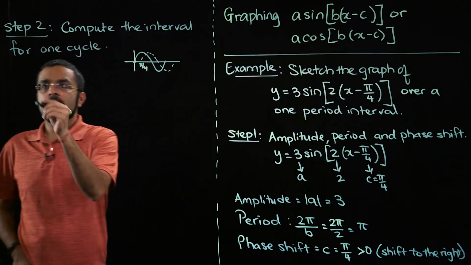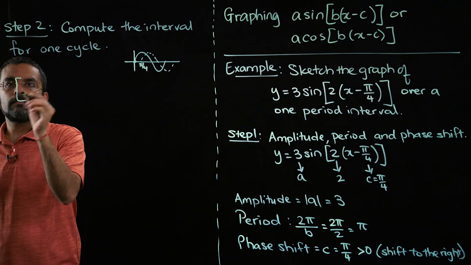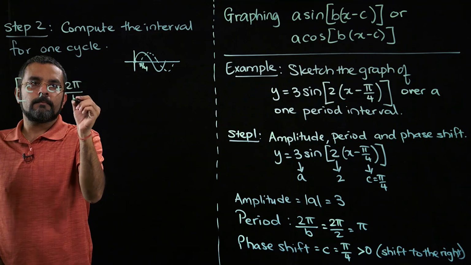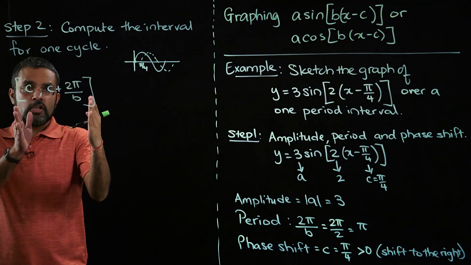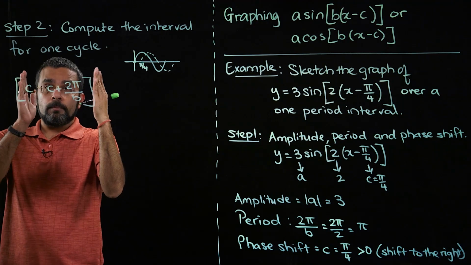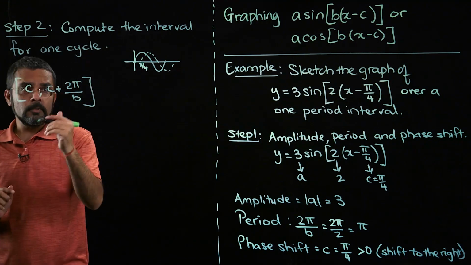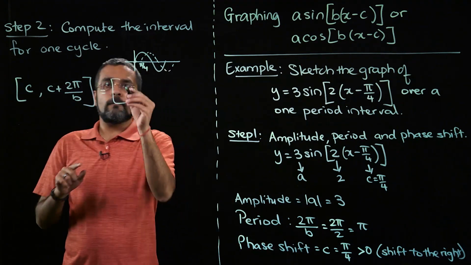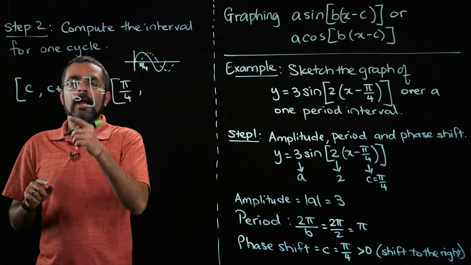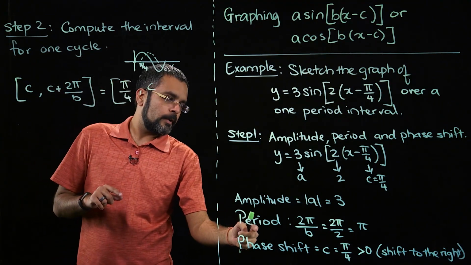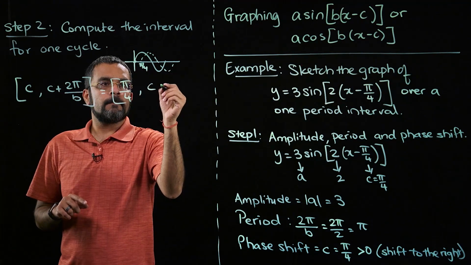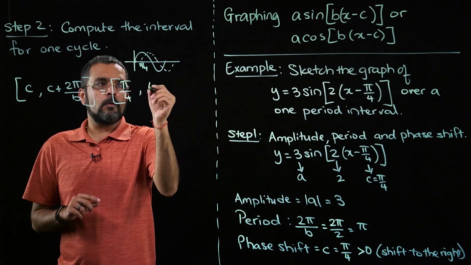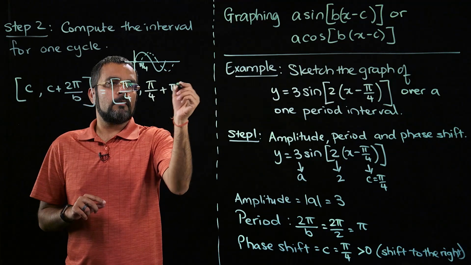So in this case, my one period is given by c, comma, c plus 2 pi over b. This is the new one period cycle. For us, c was pi over 4, and 2 pi over b, which is the period, is pi. So this should be pi over 4 plus pi.